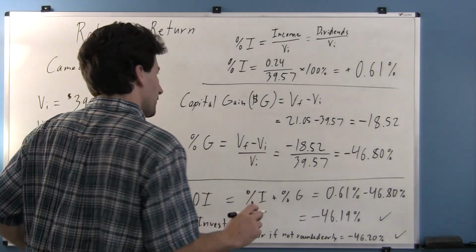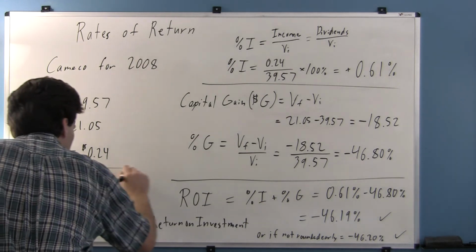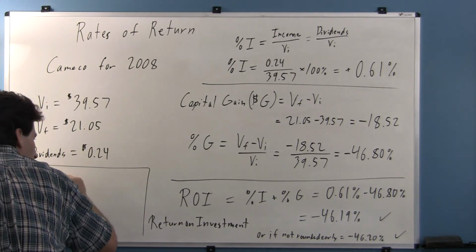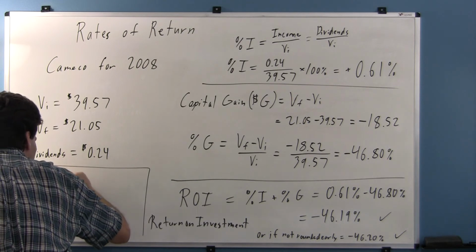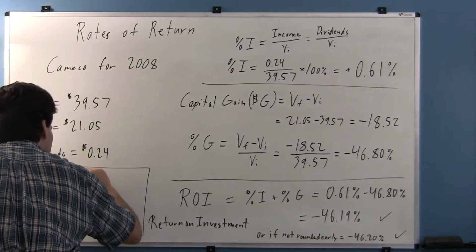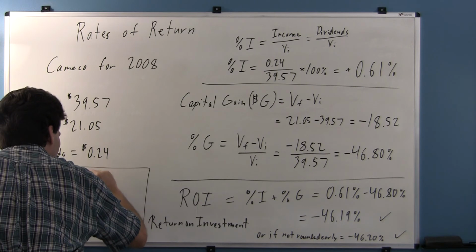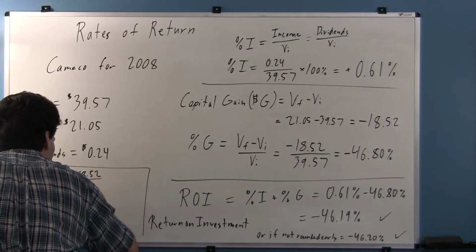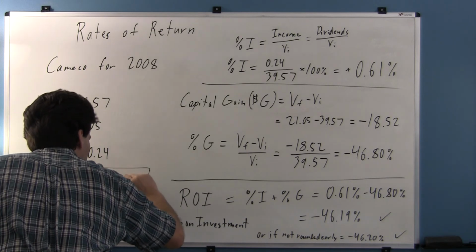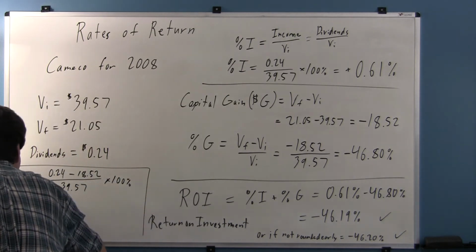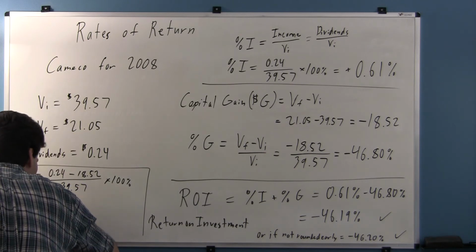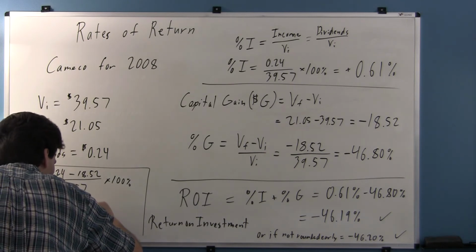Just to show it for interest's sake, ROI in this case: 24 cents minus 18.52, divided by 39.57, and then times 100%. So yes, if we do it this way, we actually do get negative 46.20%.